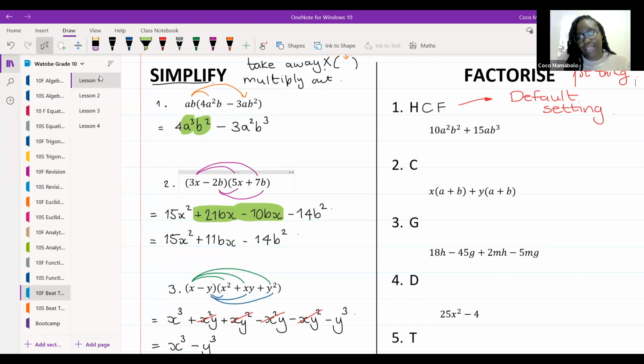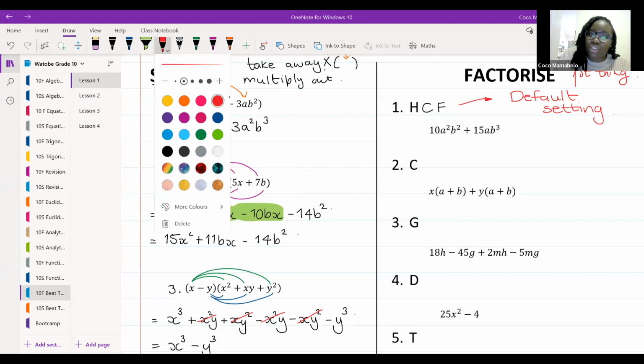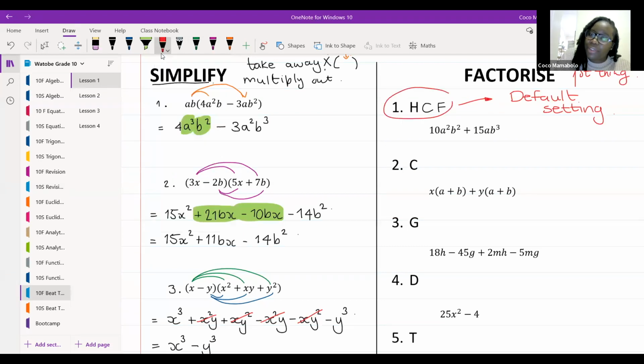Tell me in the chat. Our default setting is not 5. What is our default setting? That's it, Caleb. Caleb's got the right idea. Our default setting is always the HCF. I'm going to say it again, guys. Our default setting is to look for an HCF.